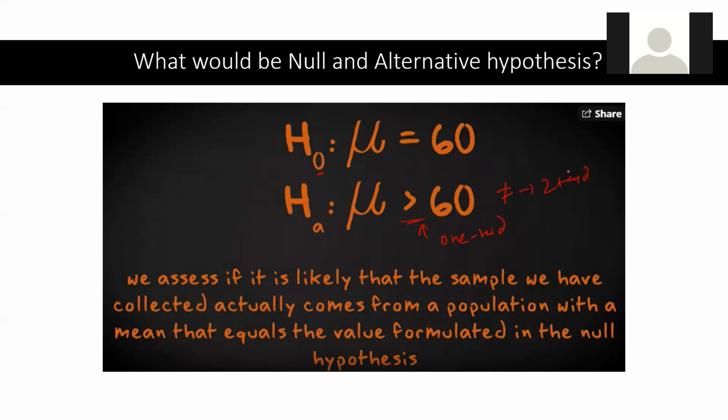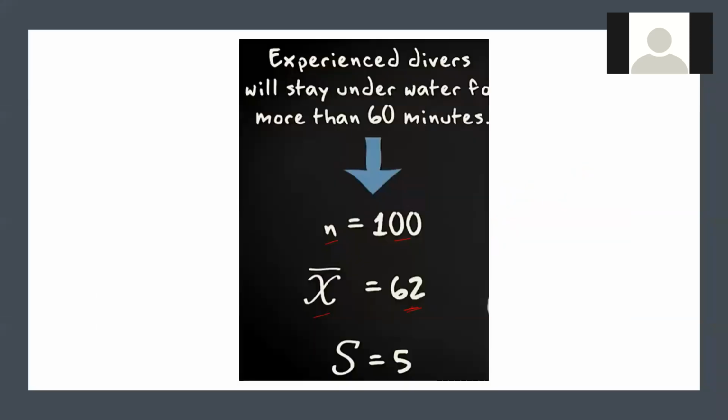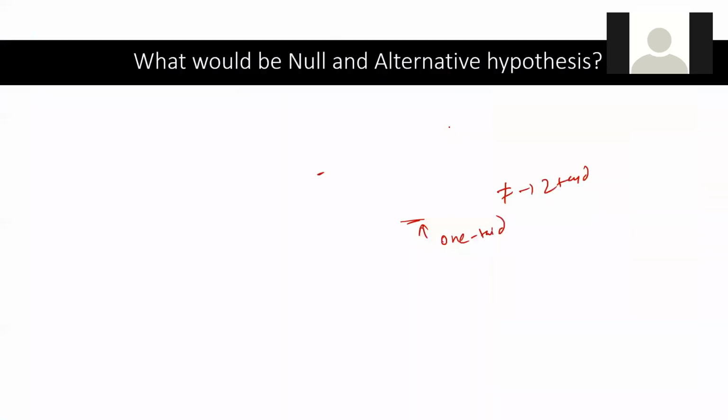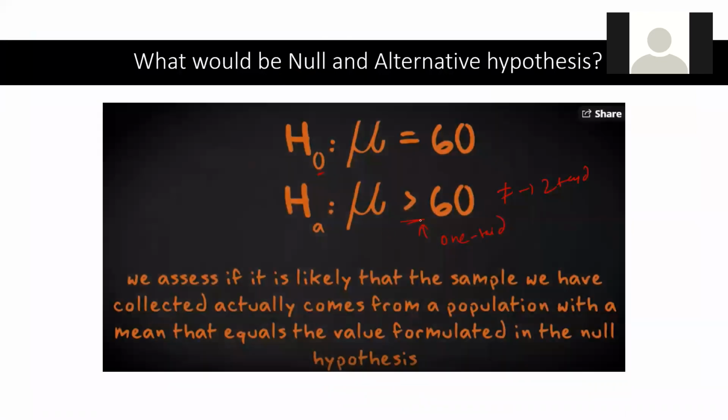Okay. So why is it a one-tailed test? Because the question is saying the experienced driver will stay underwater for more than 60 minutes or not. We need to test that, right? That's why we used greater than 60 here.